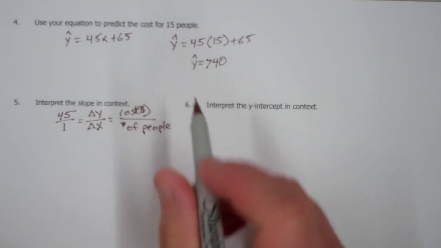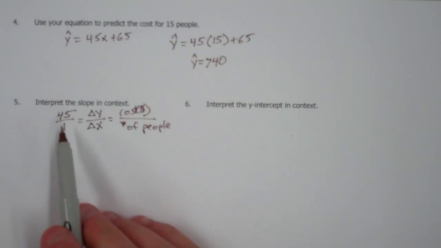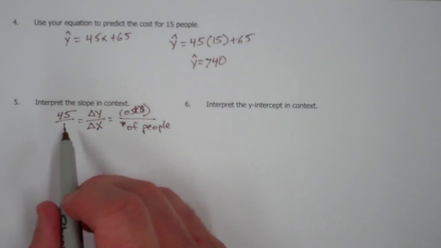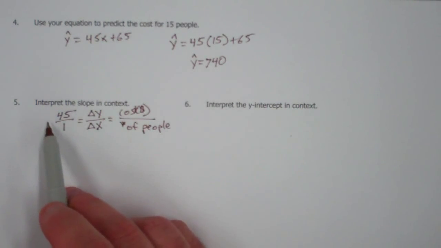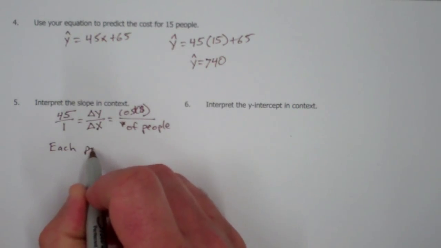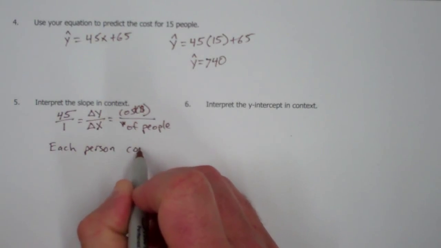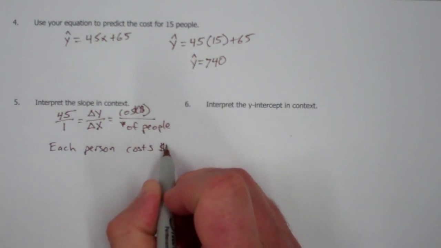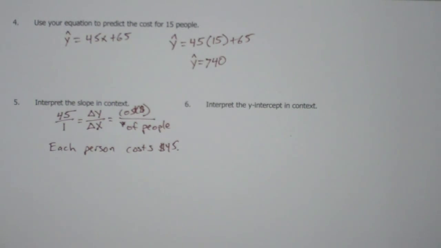So here's what this slope means in context. For every person, the cost goes up, it's positive, by $45. So I'm going to say each person costs $45. That's the interpretation part. Slope on its own is pretty meaningless, but when we use it to describe a situation, it takes on meaning.